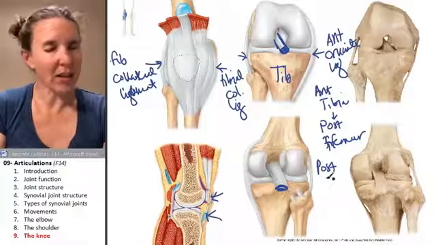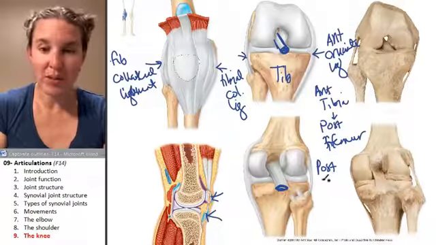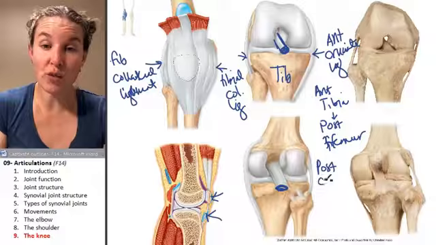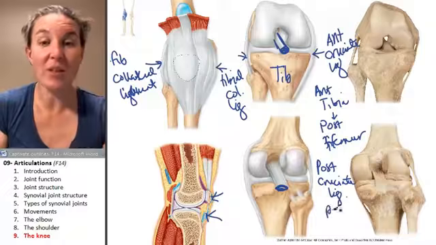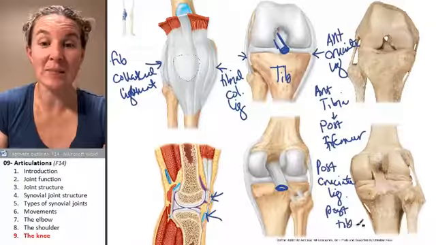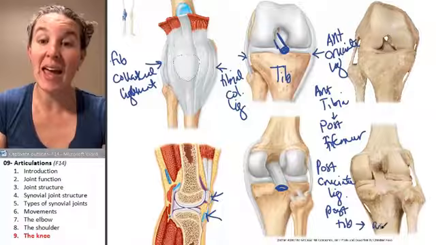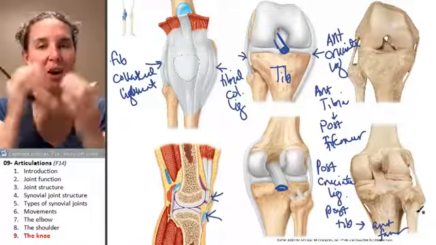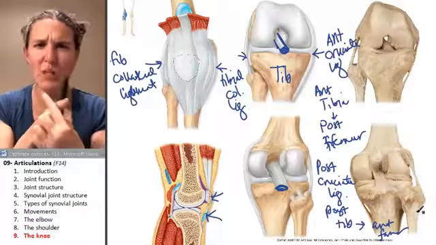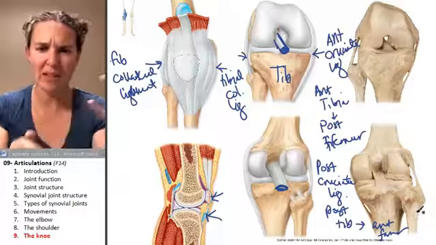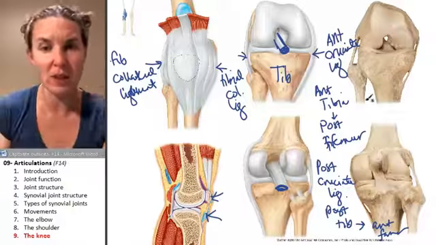Because cruciate and collateral both start with C. So the posterior cruciate ligament starts on the posterior side of the tibia and travels to the anterior side of the femur. Okay, so that's going to help you identify and visualize which one's which in that of your cruciates that cross.